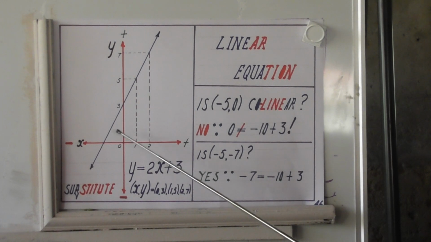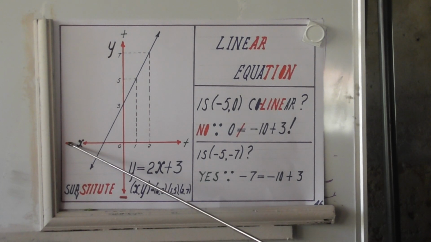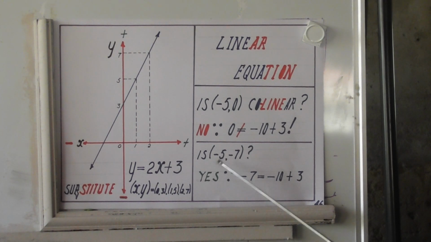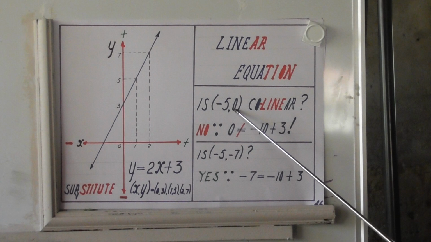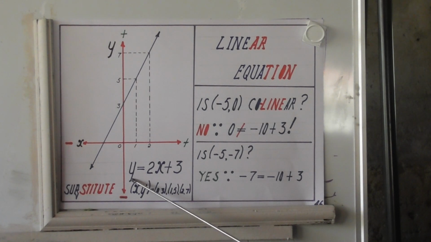So if negative 5, naught on the line, no, you can see it. But you have to say y. So, y is naught. So, is naught equal to 2 negative 5s? That's negative 10 and 3? No, it isn't. So that proves you can see it and you can calculate it.